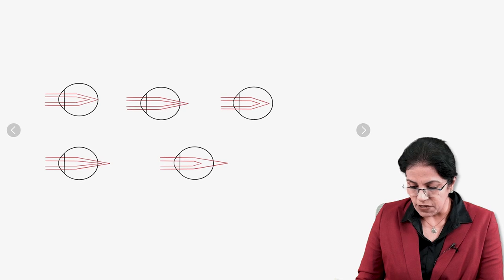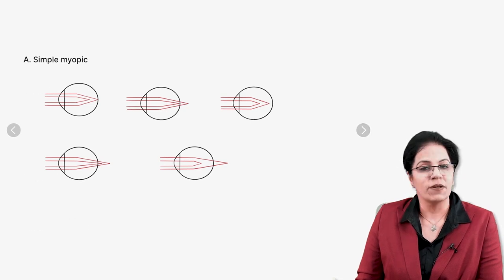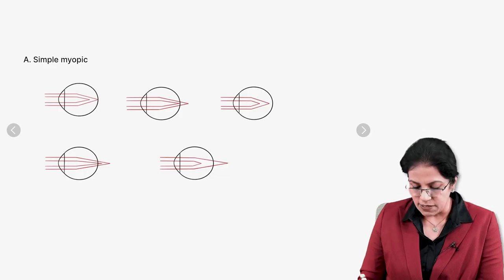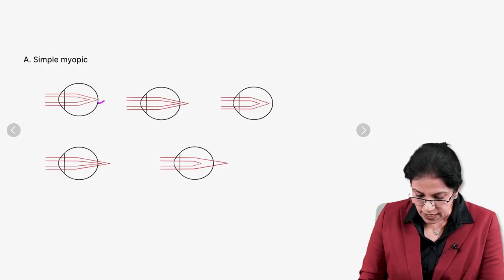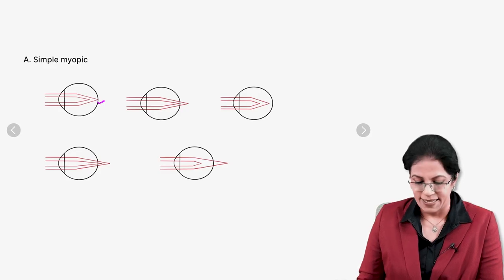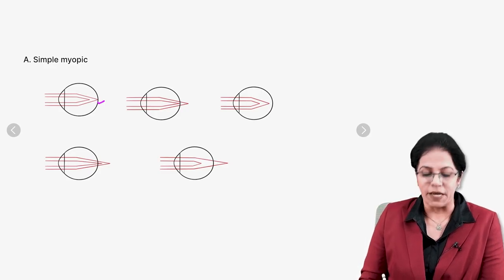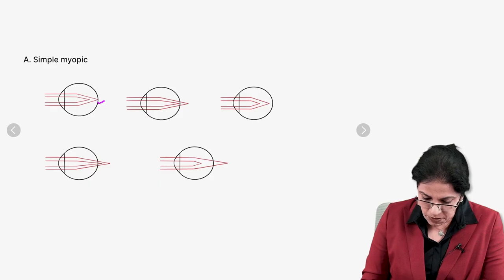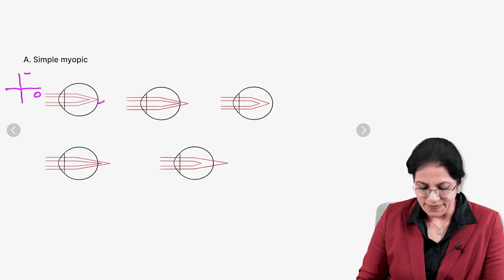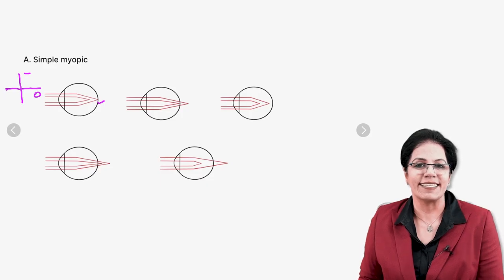In this case, the first scenario is that one axis is focusing on the retina and another is in front. This is simple myopic. So if I depict a simple myopic, one axis is on the retina, meaning emmetropic, and the other axis is myopic. We can depict it like this.